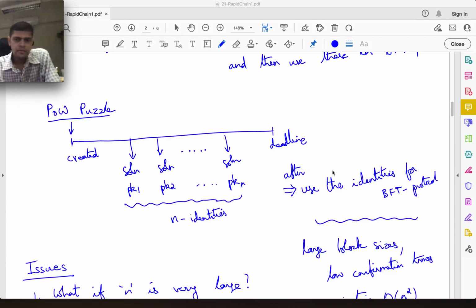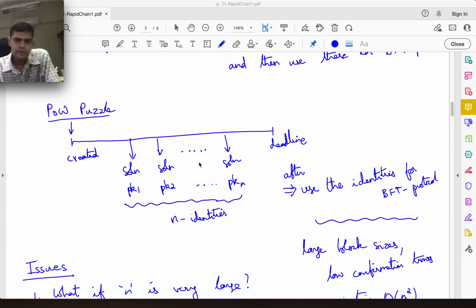But the tricky part was, how do we ensure that the number of Byzantine nodes is less than whatever threshold that BFT tolerates? And that we said we can do if we ensure that, suppose we say that less than 50% of the nodes have to be Byzantine.